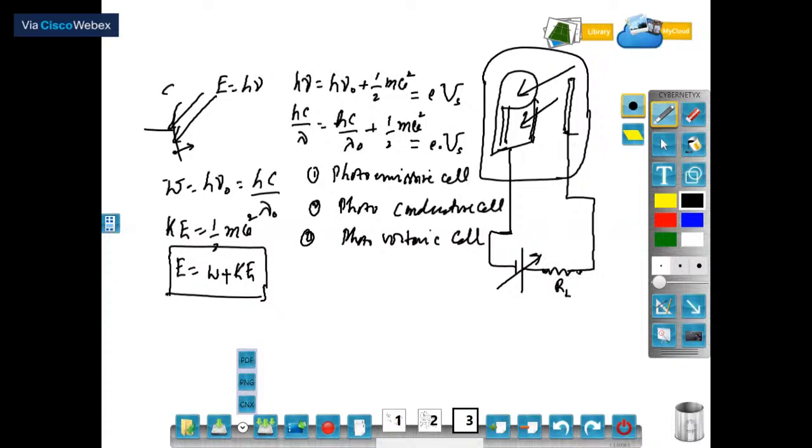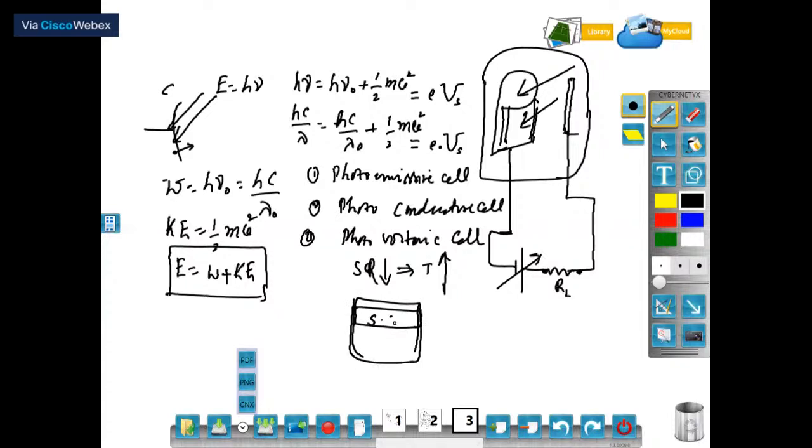Photoconductive cell. It works on the principle that the resistance of a semiconductor decreases with the increase in temperature. As the temperature increases, the resistance decreases. So how does the photoconductive cell work? It consists of a semiconductor placed below a thin transparent film, and the combination has been placed over a stable iron plate.